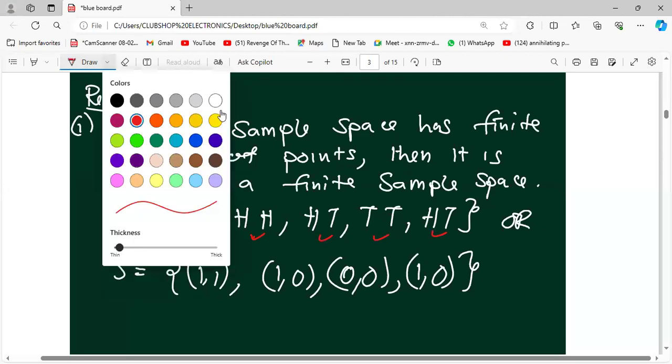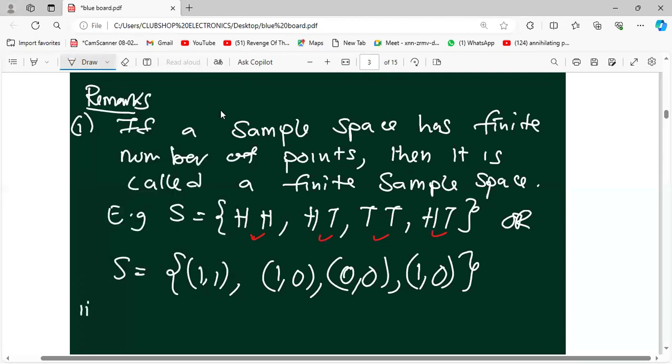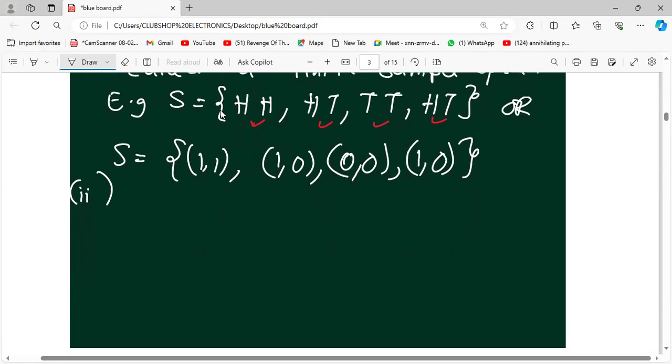Then number two, what is the point that we must remember?